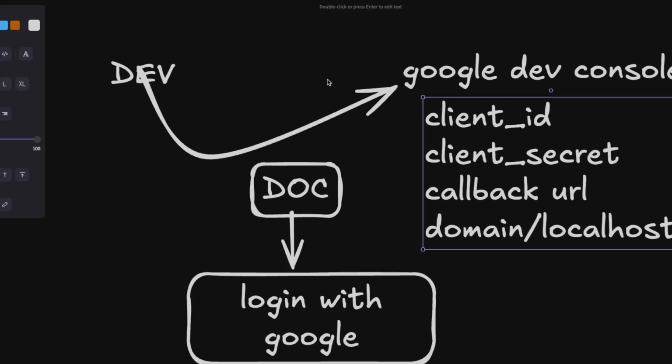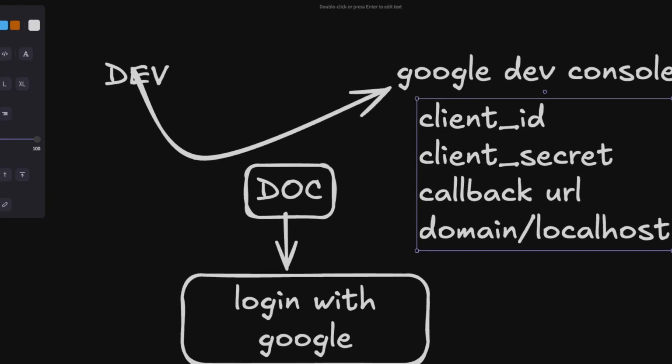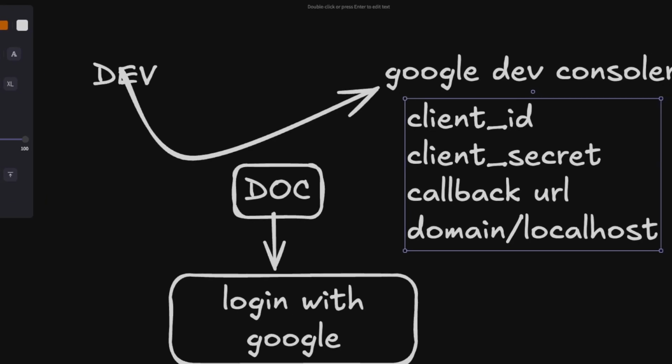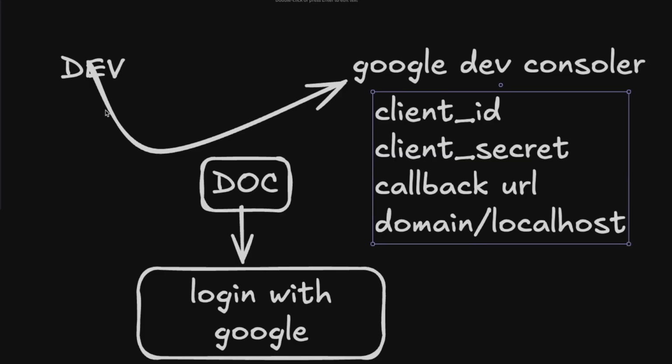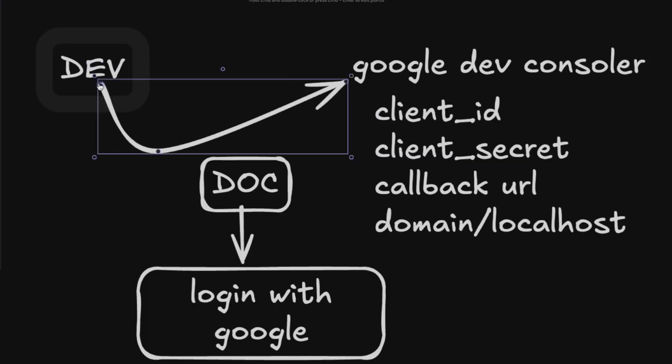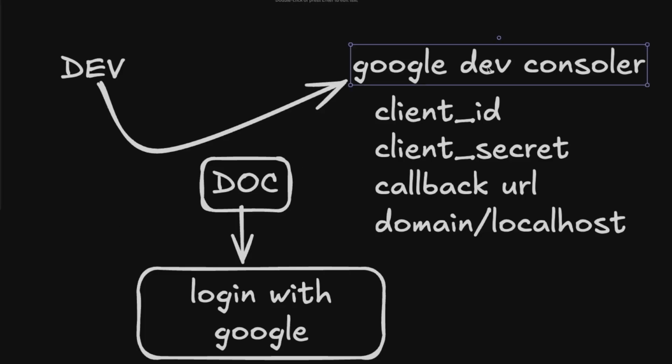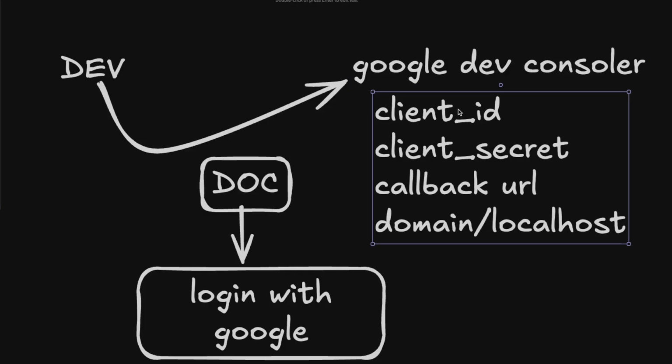Because we want to enable Google sign-in with our application. Otherwise, how will Google know that when you click login with Google, it needs to present a login screen? I need to create an application on the Google Developer Console, and Google will give me the client ID, client secret and callback URL, which I need to configure in the client app.